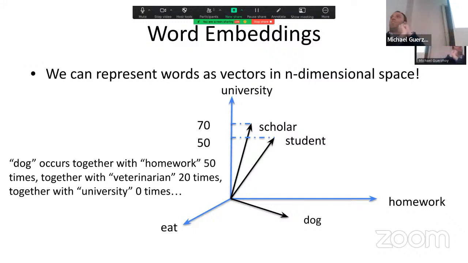Does that make sense? No? Yes? Okay, so that's the idea. Looking at words as those kinds of vectors, the technical term for that is word embeddings.